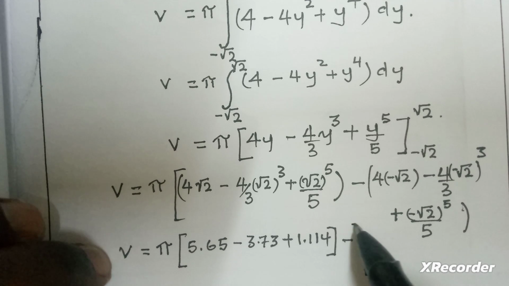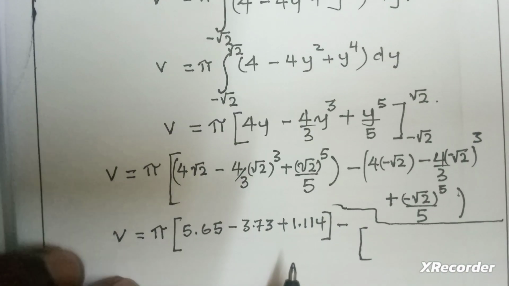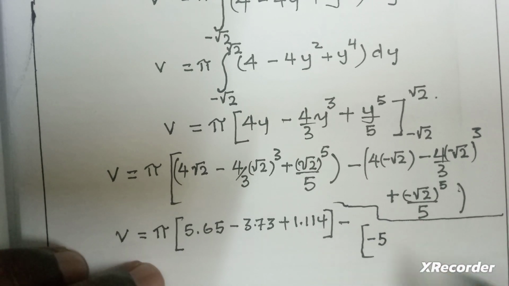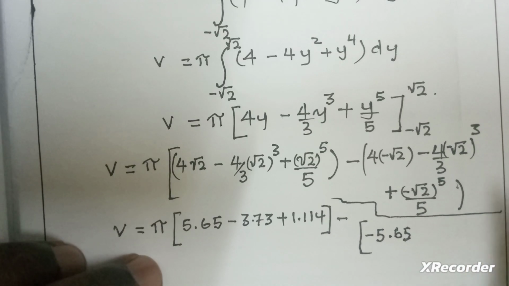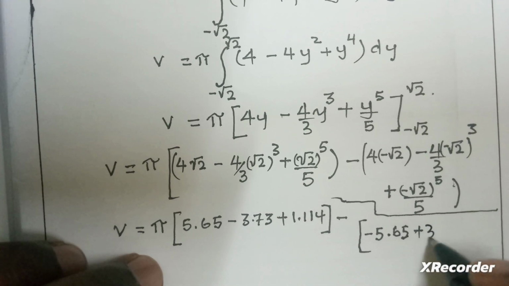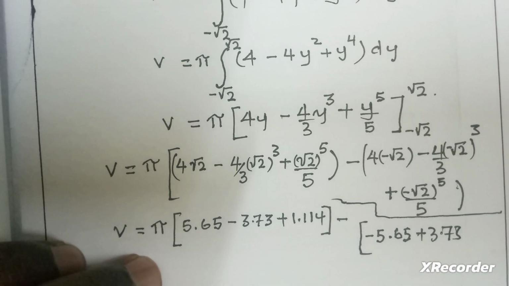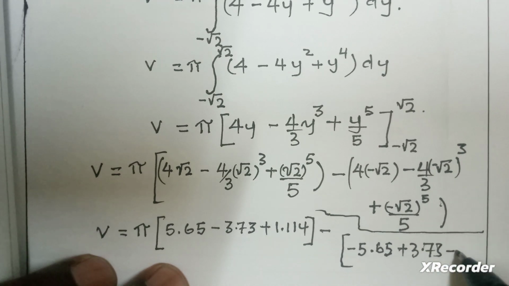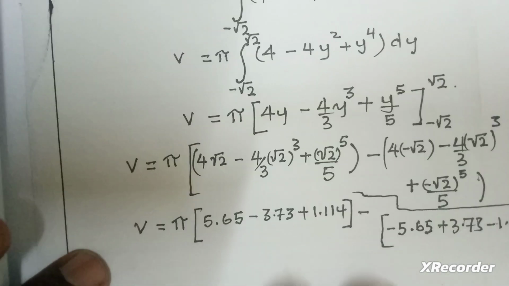This one is going to give us minus 5.65, plus 3.73, and minus 1.114, so that finally we have our volume.